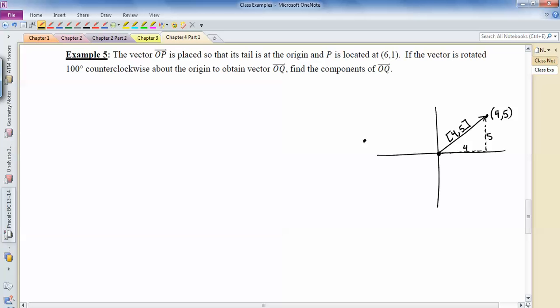So if I had some vector floating around here that looks like this, and this length right here is 3 and this length right here is 6, then this vector, no matter where it starts and where it ends, is to the right 6 and down 3.